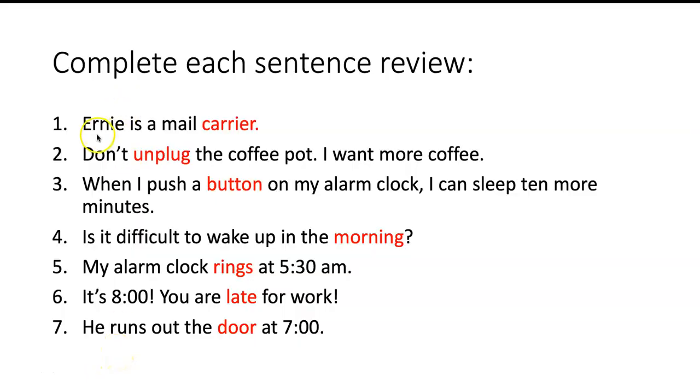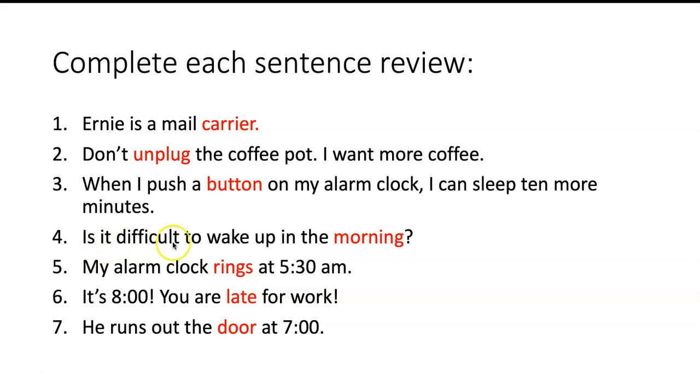Okay, so what you have here. Number 1, Ernie is a mail carrier. Number 2, don't unplug the coffee pot. I want more coffee. When I push a button on my alarm clock, I can sleep 10 more minutes.